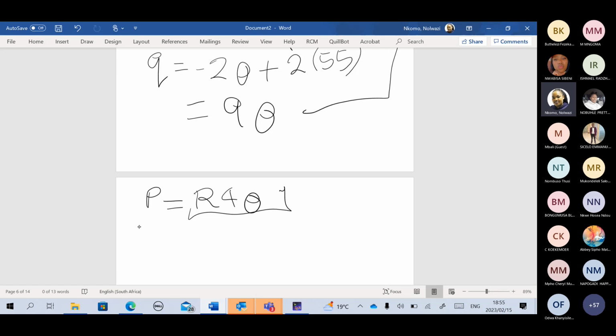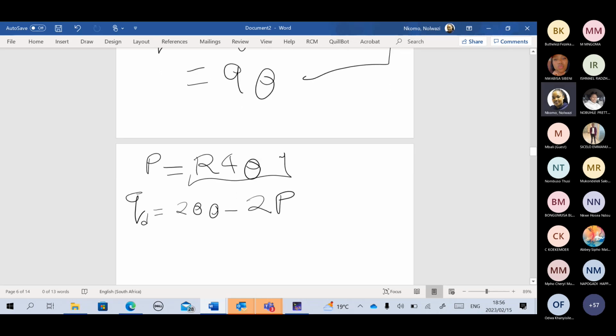And we have our demand function as 200 minus 2P, right? And we have our supply function as minus 20 plus 2P.